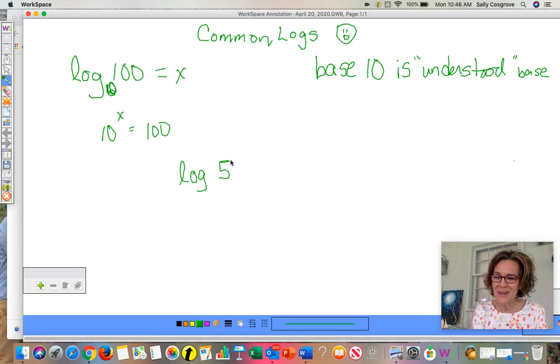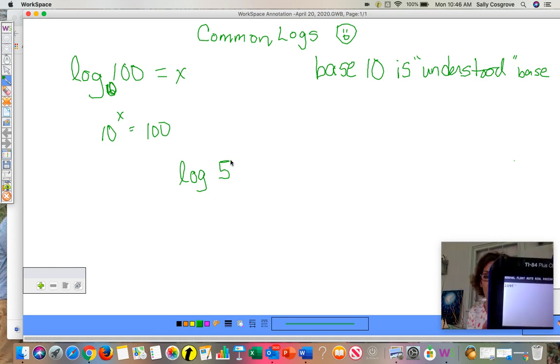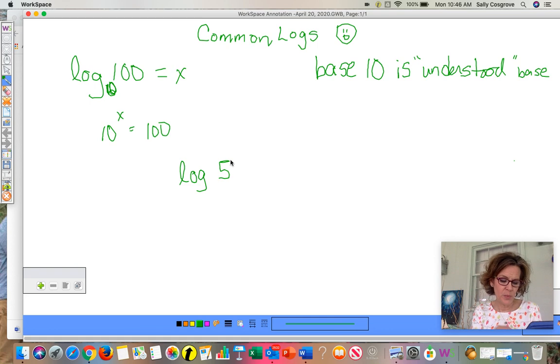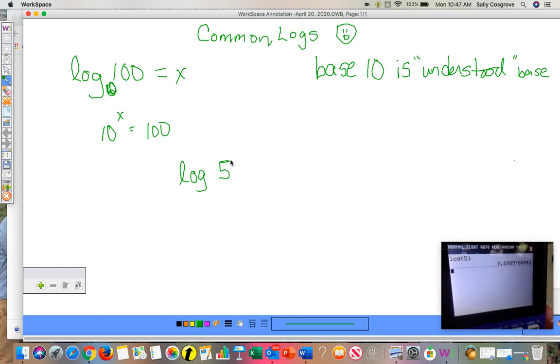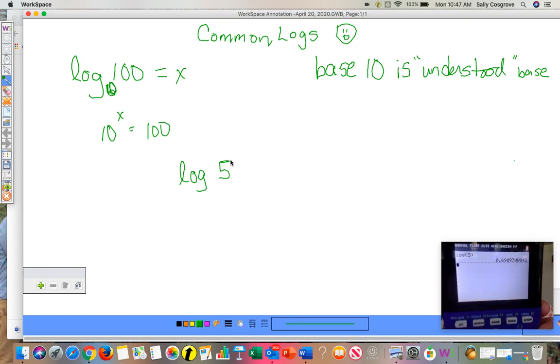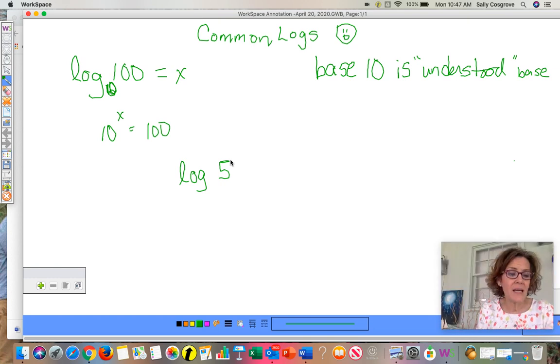So you're going to say log of, and then just put the number 5 and close the parentheses so your calculator knows that the argument is finished. So log of 5, enter, and I get this lovely decimal. We are going to take that to 5 places past the decimal.